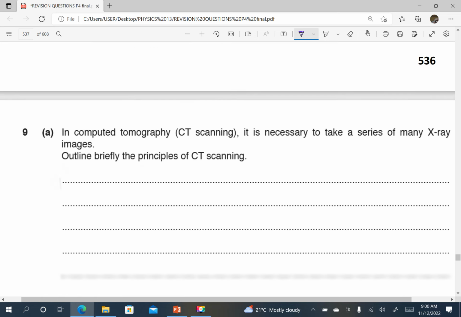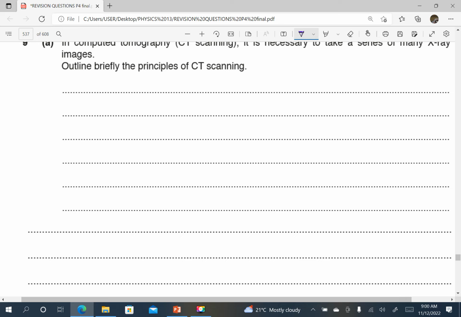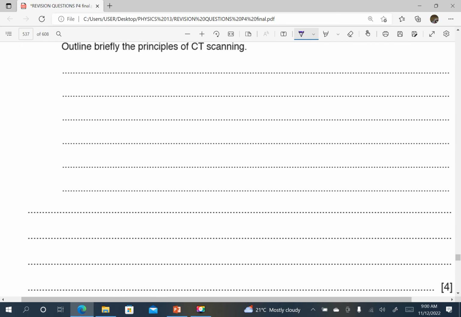Okay, next. In computed tomography, that is CT scanning, it is necessary to take a series of X-ray images. Outline briefly the principles of CT scanning. Those are 4 marks. Remember, a series of X-ray images are taken.